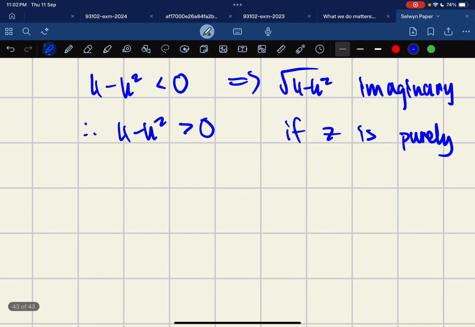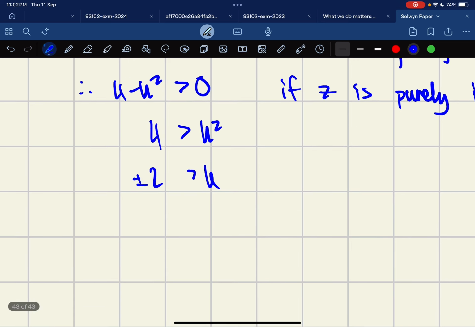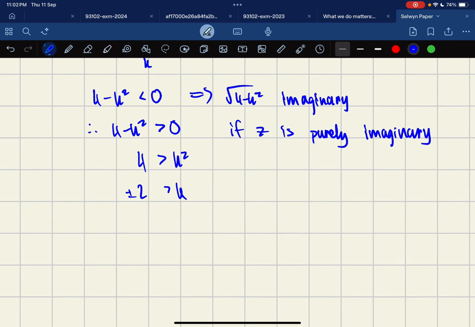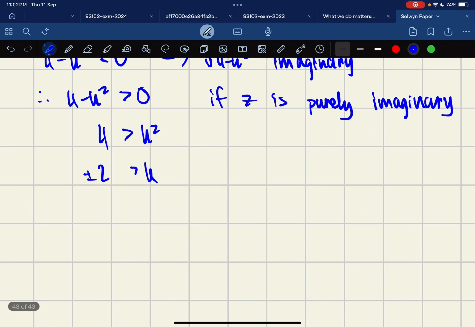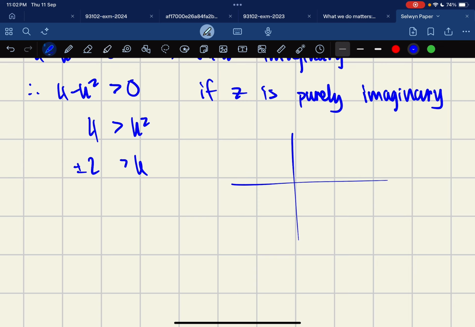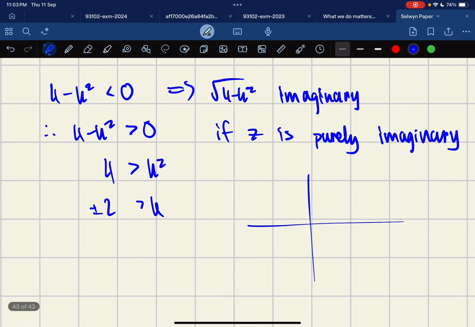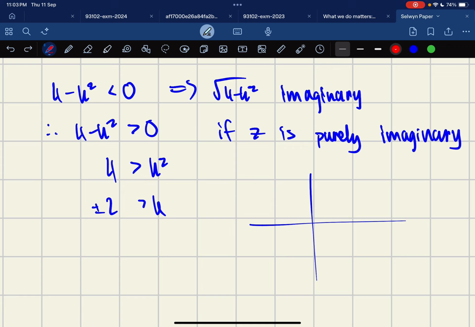So then you can solve for k: 4 being greater than k squared, or plus minus 2 being greater than k. So what does this actually look like in terms of the solutions here? This is a negative quadratic, so it looks like this, where the intersections are negative 2 and positive 2.